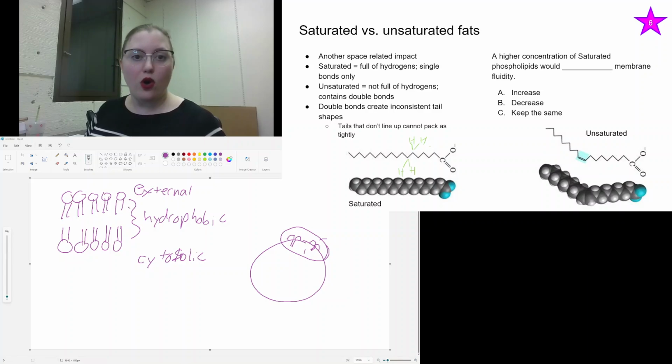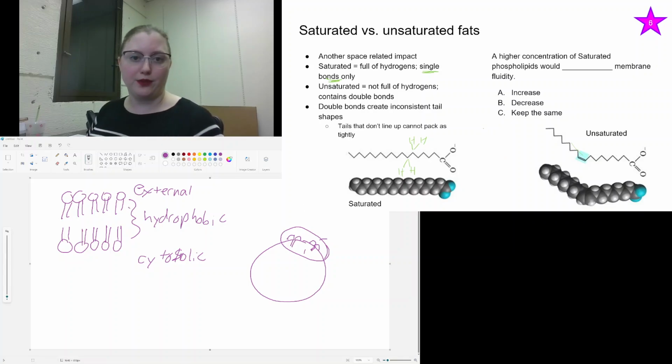So when we have all of these extra spaces filled by hydrogen, it's all single bonds, right? And then there's only one way that those single bonds can shape themselves, and that's this very linear shaped tail.